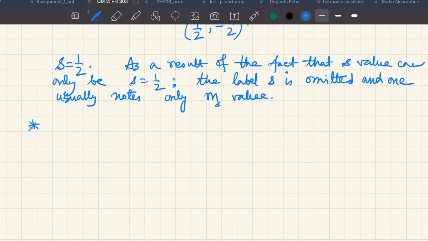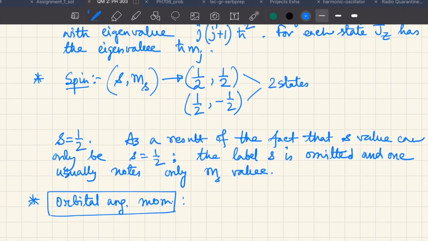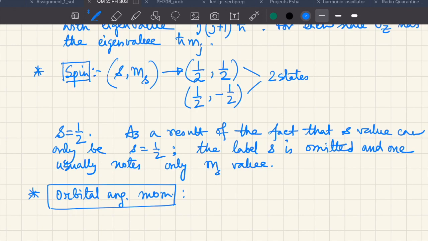Now if you look at the orbital angular momentum of the electron, we have discussed spin, we are now discussing orbital angular momentum. The notation is basically L and ml, but since we are using m from the very beginning to denote the azimuthal quantum number corresponding to the orbital angular momentum, let us stick to that.